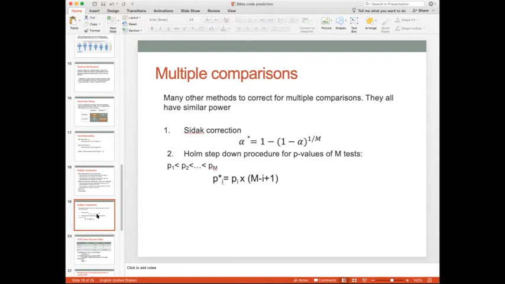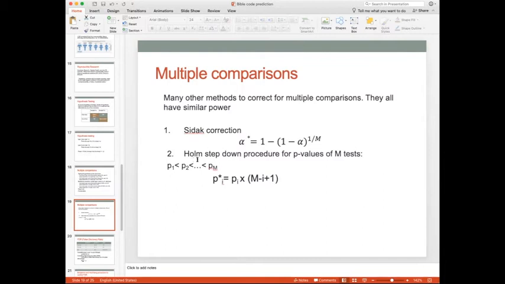And there are also other methods to correct for multiple comparison to control for the overall type 1 error. They are a little bit complicated. For example, Sidak correction, and they control the alpha star by this formula: 1 minus alpha to the 1 over n. This is very similar to Bonferroni correction.